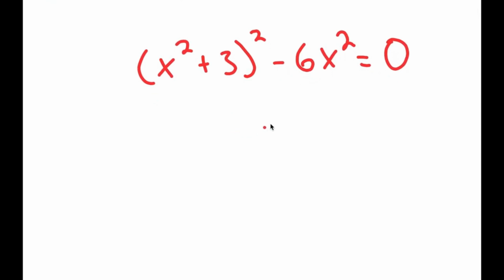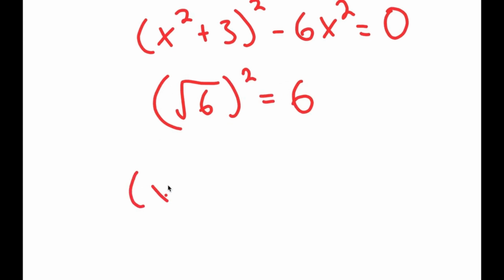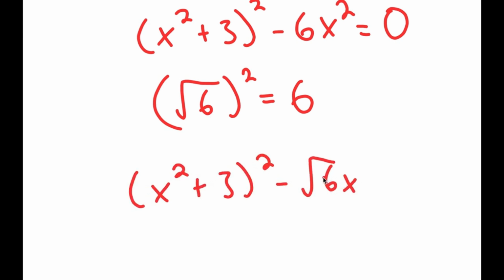And remember how the square root of 6 squared is equal to 6. So what I'm going to do is rewrite this as (x squared plus 3) squared minus (the square root of 6 times x) squared is equal to 0.